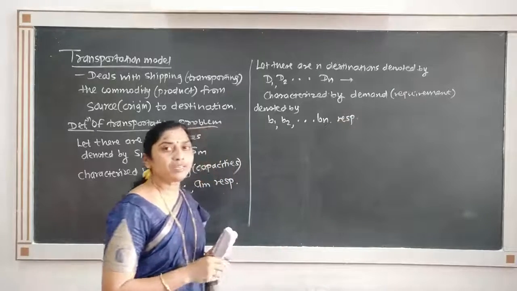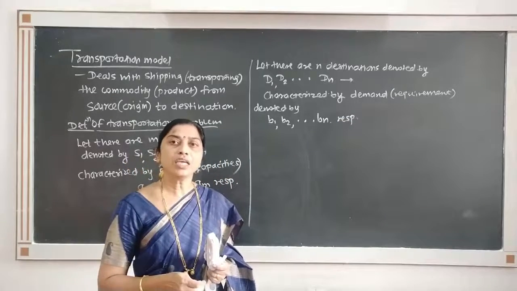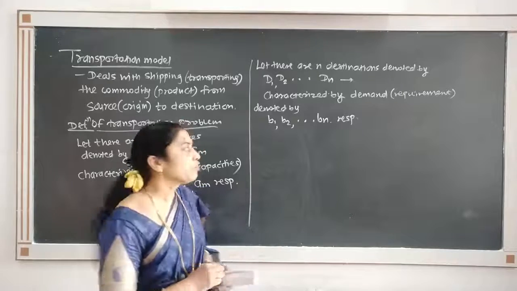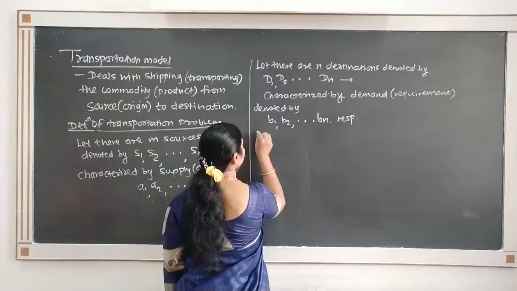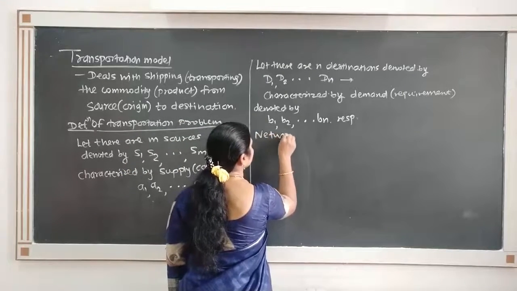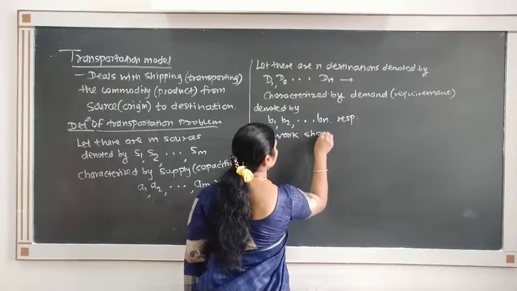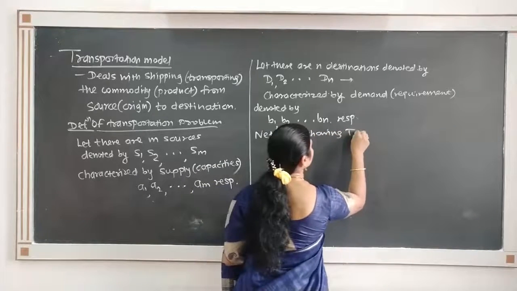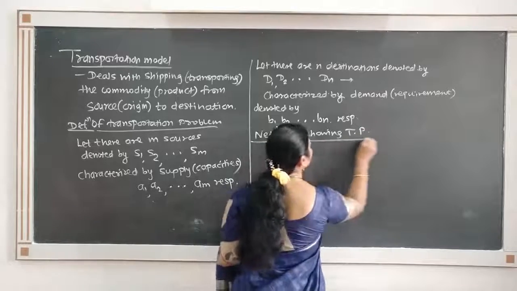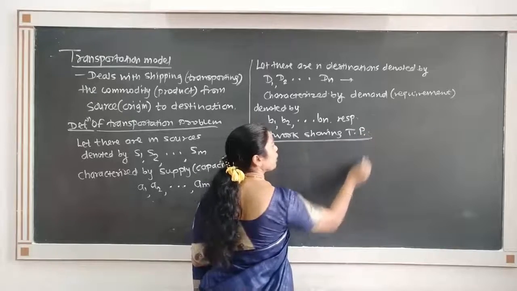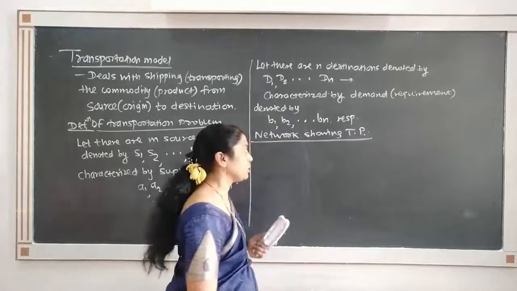So the general transportation problem is given by the following network. Transportation problem we are going to shortly denote by TP.